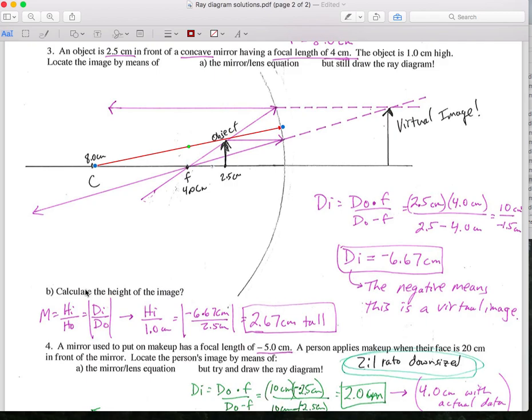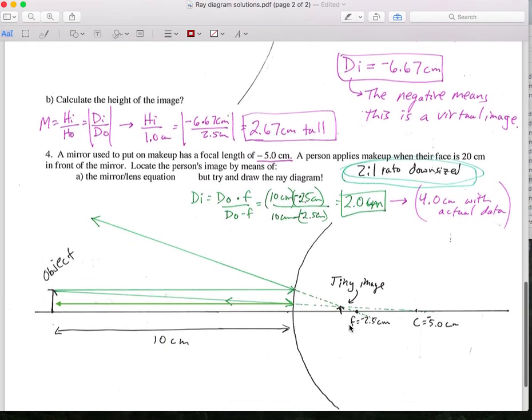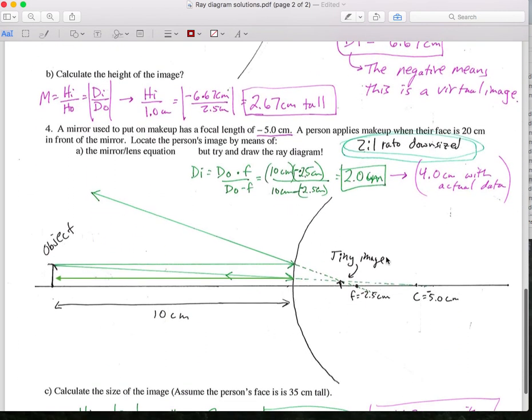So in this case, the magnification would be a ratio of image height to object height. That's about 2.67 times as big. And so since this was a 1 centimeter object, it's 2.67 centimeters tall. This one, I had to ratio it down 2 to 1, so that's a little bit annoying.